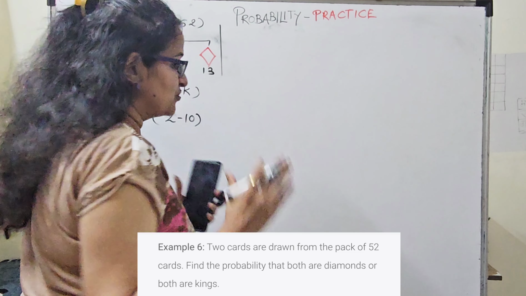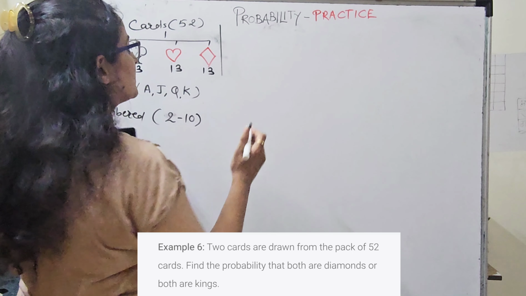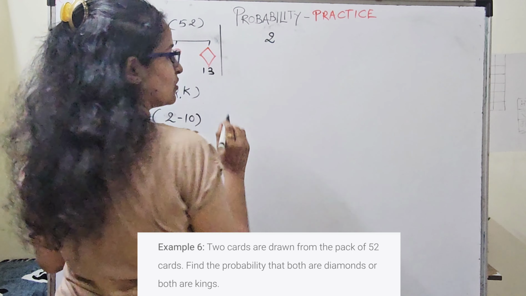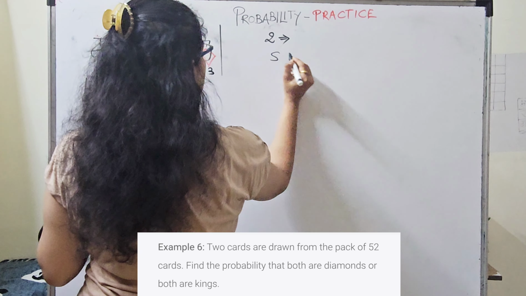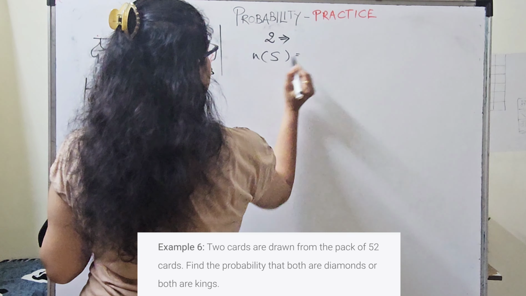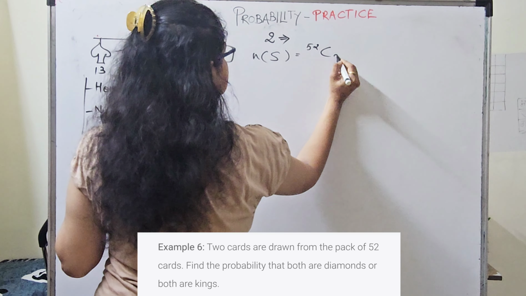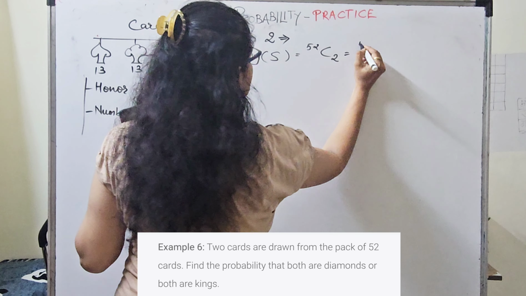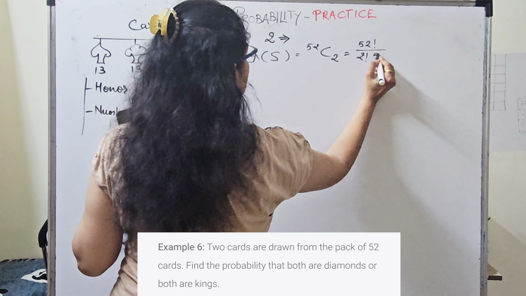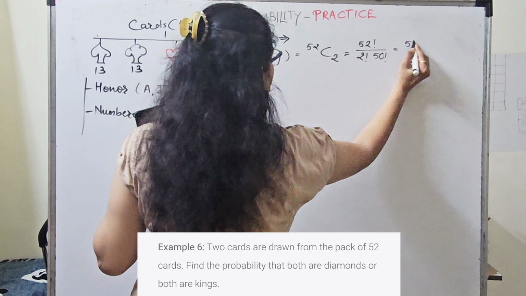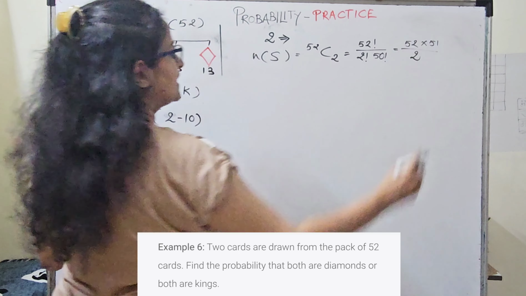And that is when you use the concept of P and C, permutation and combination. Okay, so right now you are selecting 2 cards from the pack of 52 cards. So what is the sample space? N of S is nothing but what? Out of 52 cards, you are selecting 2 cards, correct? So that is nothing but 52 factorial divided by 2 factorial into 50 factorial, equals 52 into 51, that 50 goes, divided by 2.